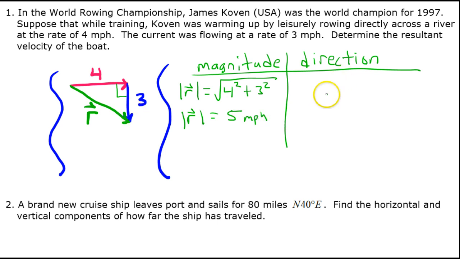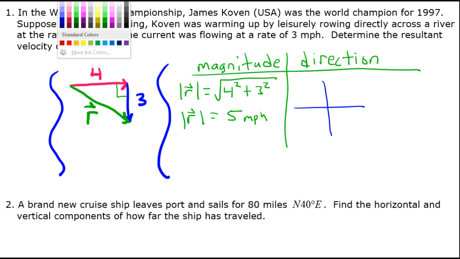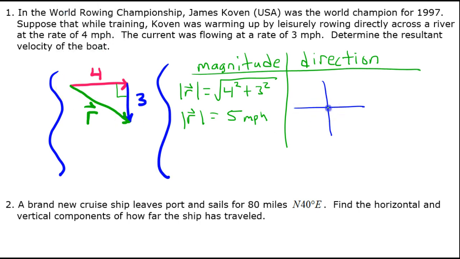Okay, now let's talk direction. Whenever you're talking about direction, I think it's a good idea to make yourself a little diagram. If we were going to picture this on an XY axis, this resultant vector is going into the fourth quadrant, if we look at it this way. If you were to make a little triangle out of it surrounding the reference angle, which would be right here, then we have 4 and we have -3.